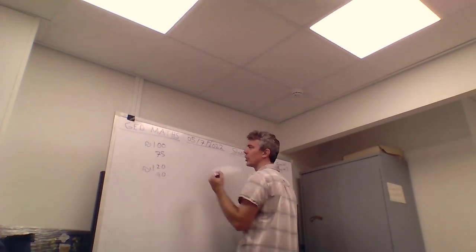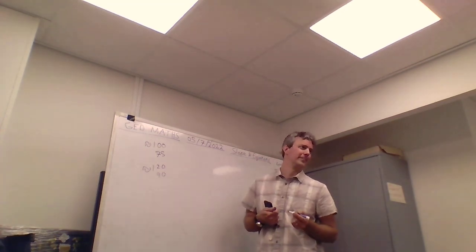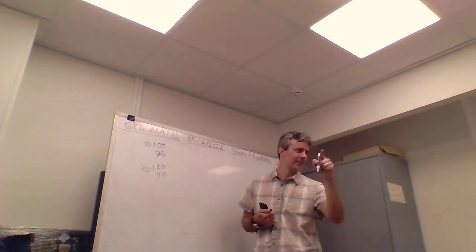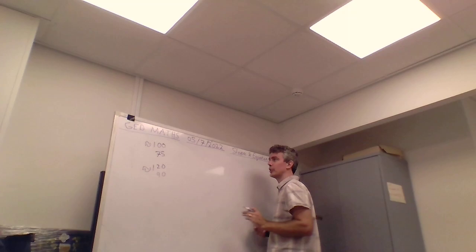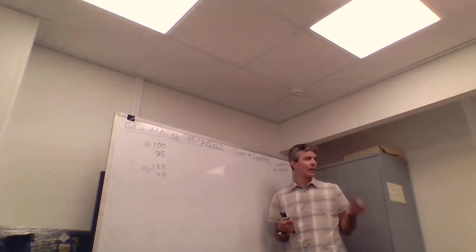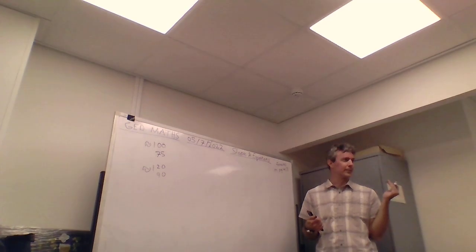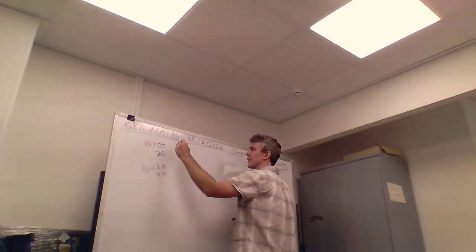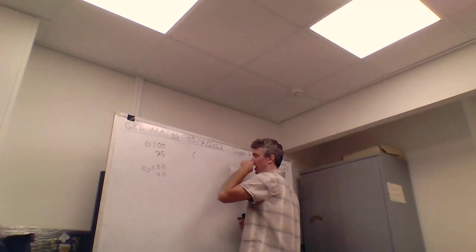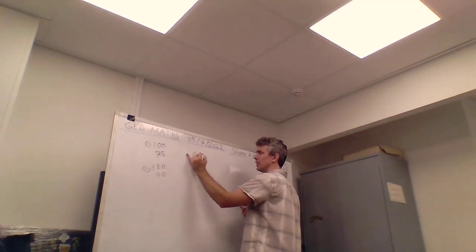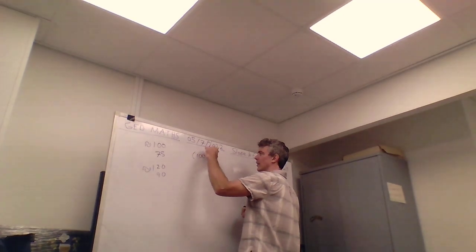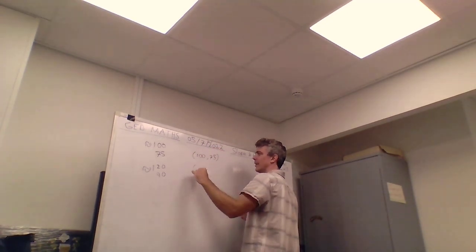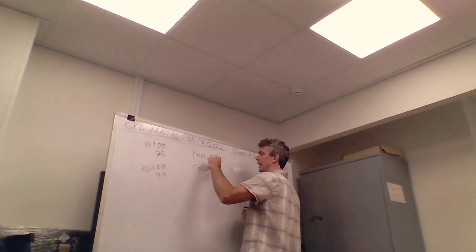And then you go up to pay, and you pay the full amount. And you're wondering, what is the discount that employees are getting? What you can do is use these points to find a slope, and the slope will tell you what the discount is. So we have 100 and 75, and this one is 120 and 90.